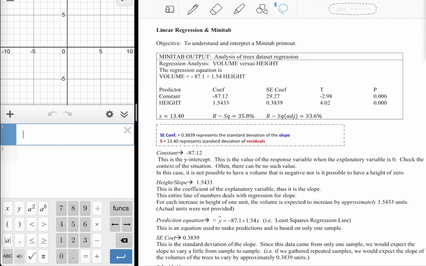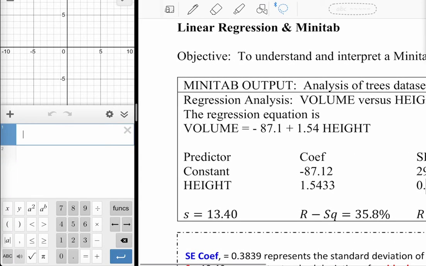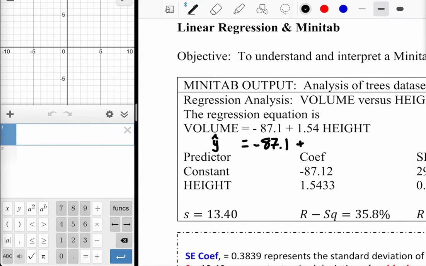Well, one of them is the input variable, the other is the output variable. It says regression analysis volume versus height. If the dependent variable is the one that's solved for, then it's a reasonable assumption that that's our y hat. So this would be y hat is equal to negative 87.1 plus 1.54 x.